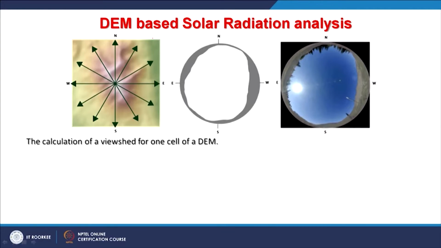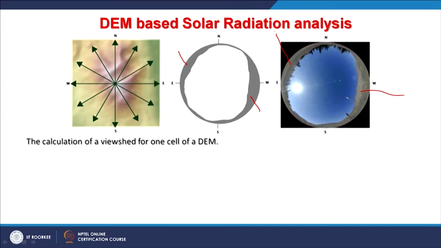So, for 12 directions the calculation is done, and based on the location, because the digital elevation model is also providing information about the terrain, you see that there are some shaded areas and some open. So, at that particular location this is the open area, and if we compare with the camera fisheye view, this is what we are seeing. So, these are the areas where hindrances or ground features are creating problems.